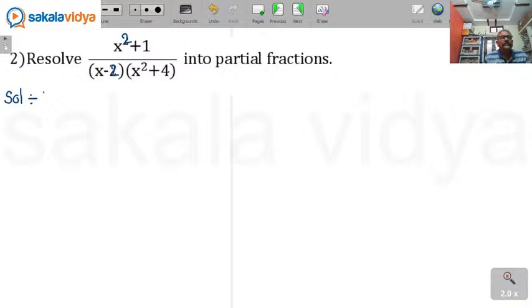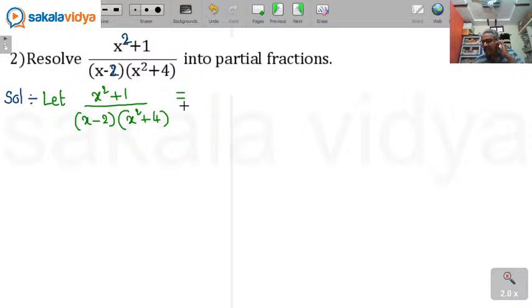So let this x square plus 1 upon x minus 2 multiplied by x square plus 4 equal to. So we get two partial fractions that we need to write.